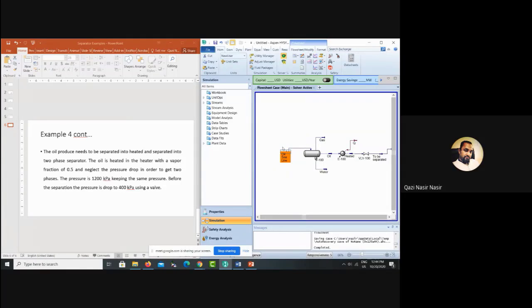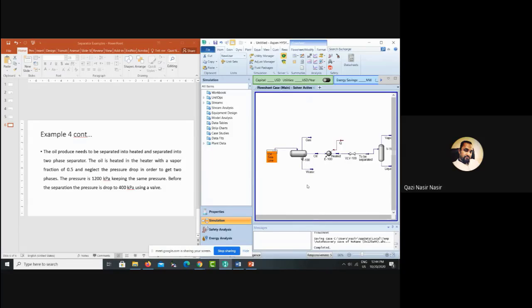Some of the wells have only oil, and some of the wells contain both oil and gas. Some wells have 70% oil and 20% or 30% gas. So this is an example of those wells which contain almost 70% oil, and the remaining will be gas. This is how you can check your stream also.